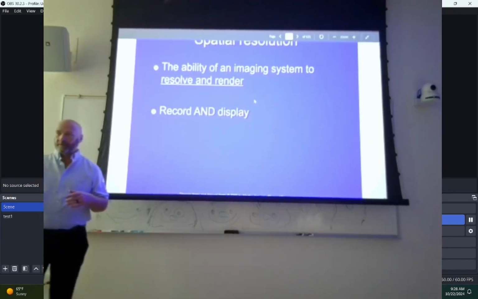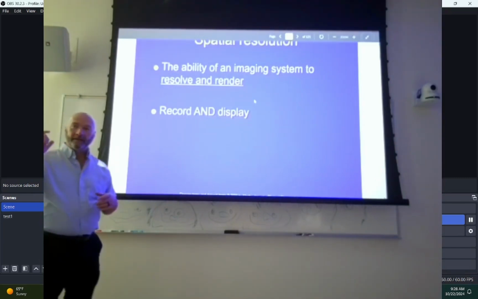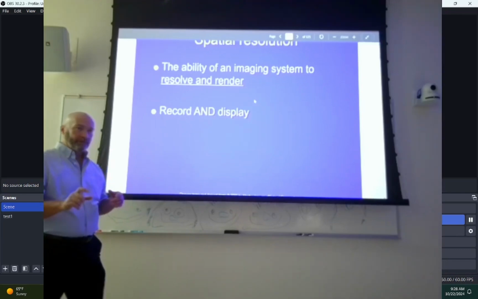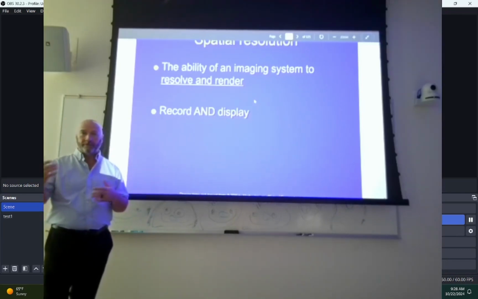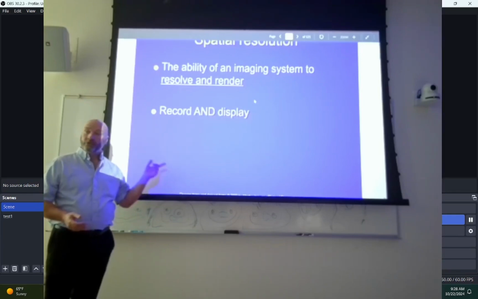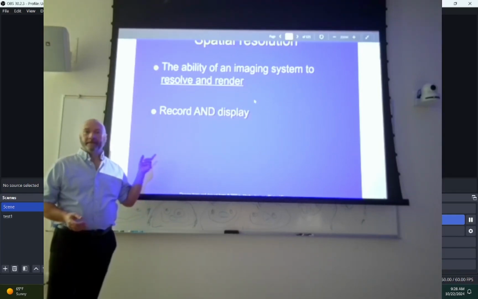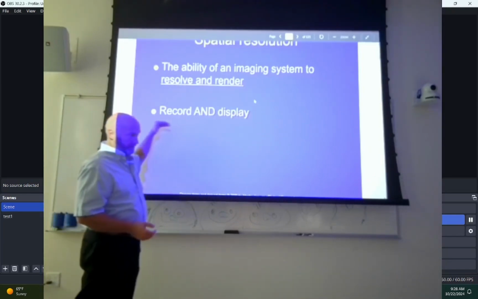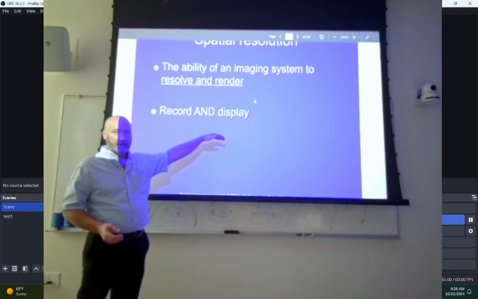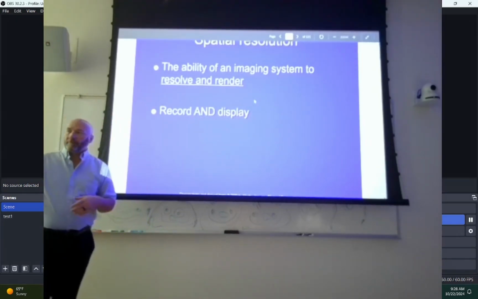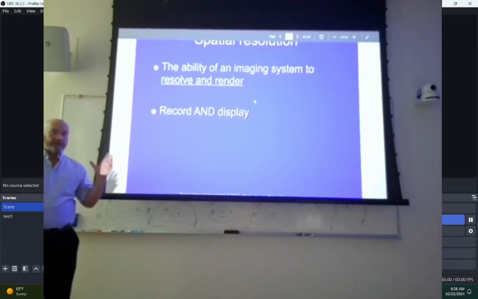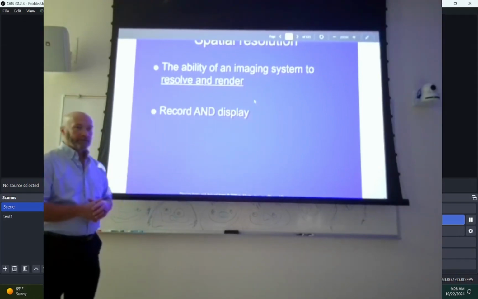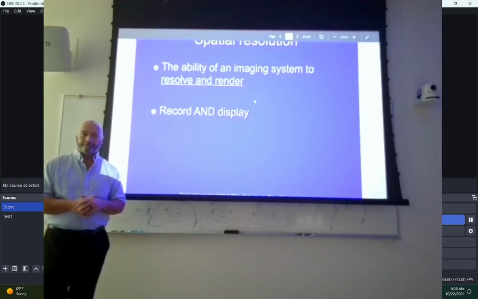But it's not just dependent on that. We've got the equipment issues that we've talked about before with SID, OID, focal spot size. But we've got an issue with our image receptor, and that's not everything that goes into it. It certainly goes into recording, but not display. Have you ever been back to the radiologist's office and looked at the computer monitors that they read off of? They look anything like the ones that you read off of in the light room?